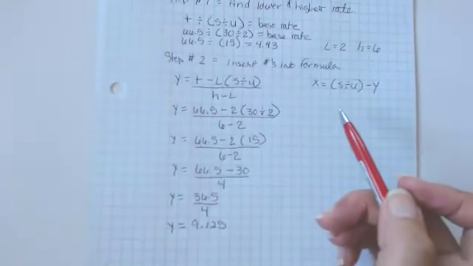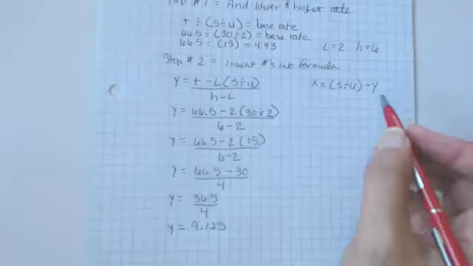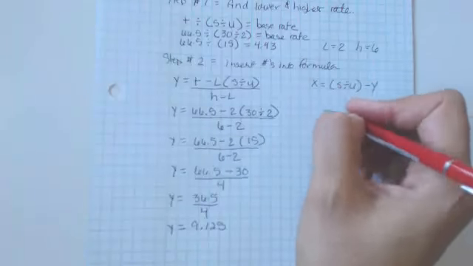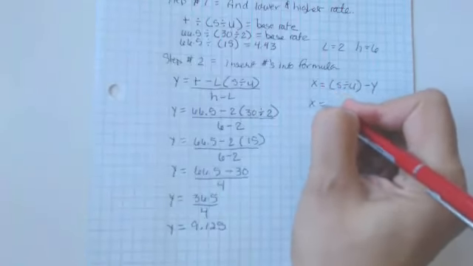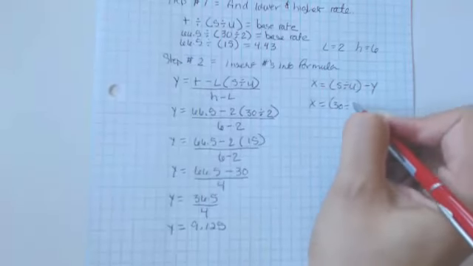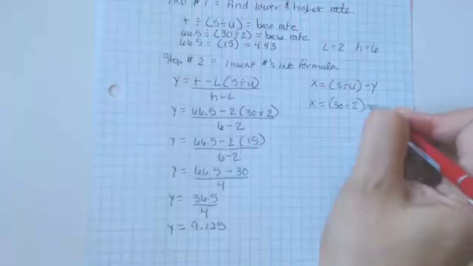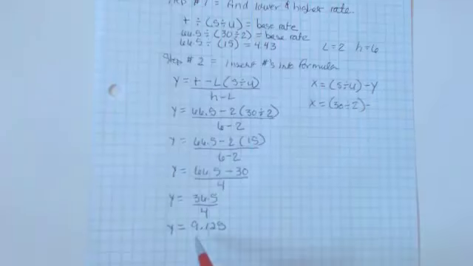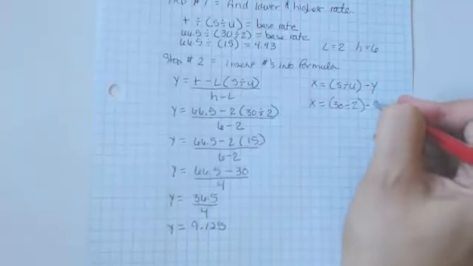So now we're going to do the same thing over here. We're just going to fill in our numbers. We don't know what X is. So X equals S, 30, divided by U, 2, minus Y. We just figured out what Y is. Y is 9.125.